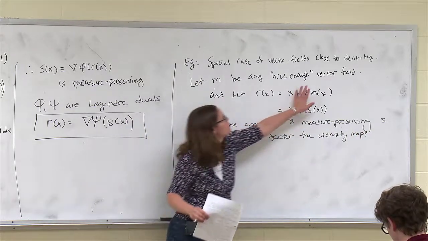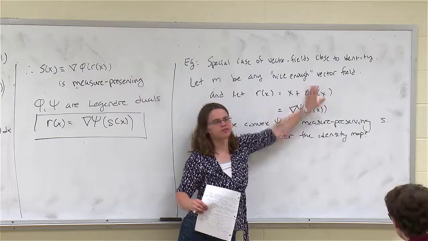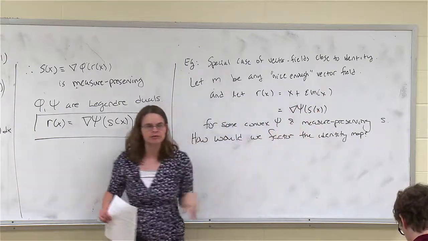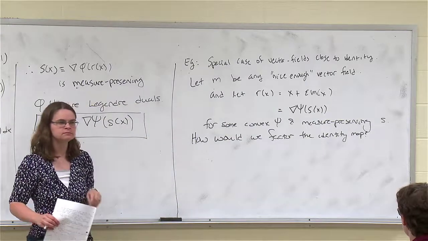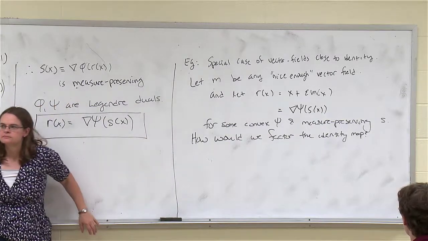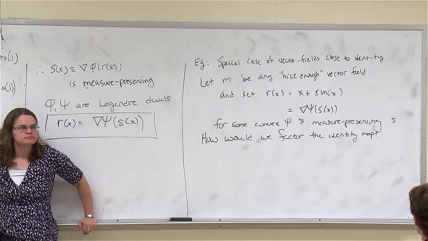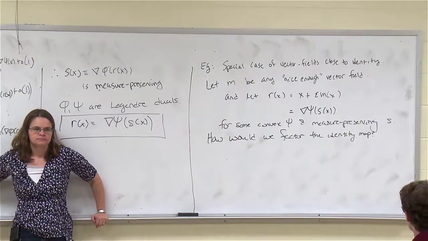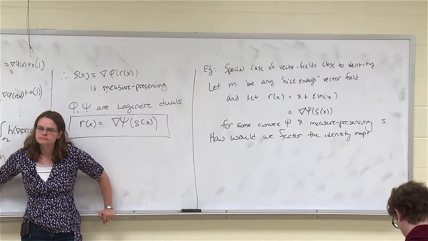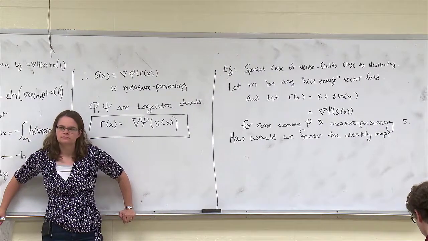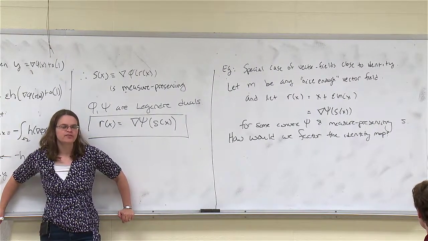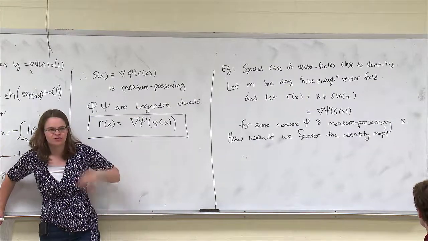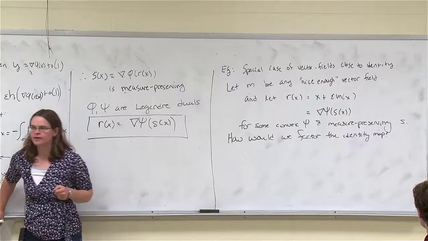So if epsilon is 0, all I have is R of x equal to x, and I wanted to do this, what would you pick for S of x? Inverse of the gradient of C. The inverse of the gradient of C. So think even simpler than that. We're trying to, so yes, but let's try to write this in as simple a form as we can.